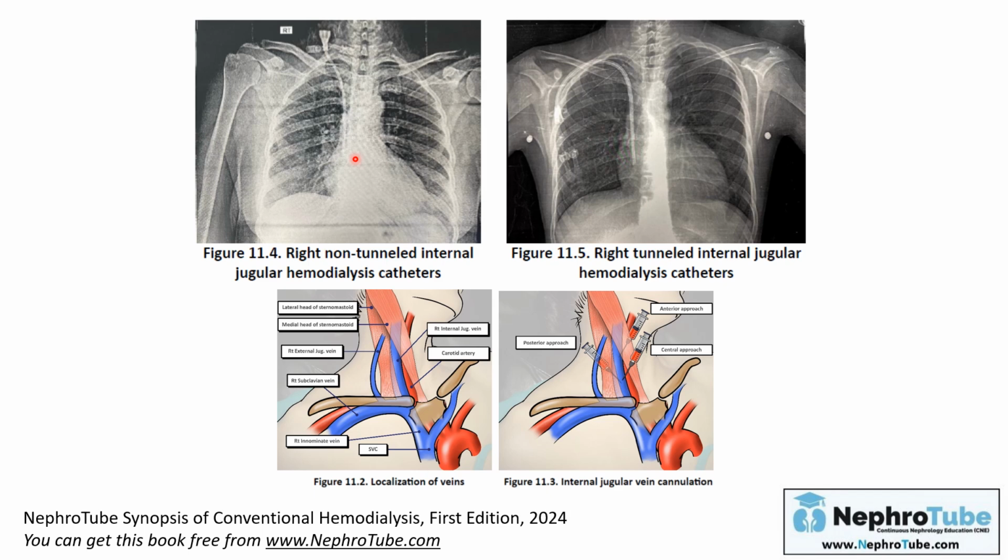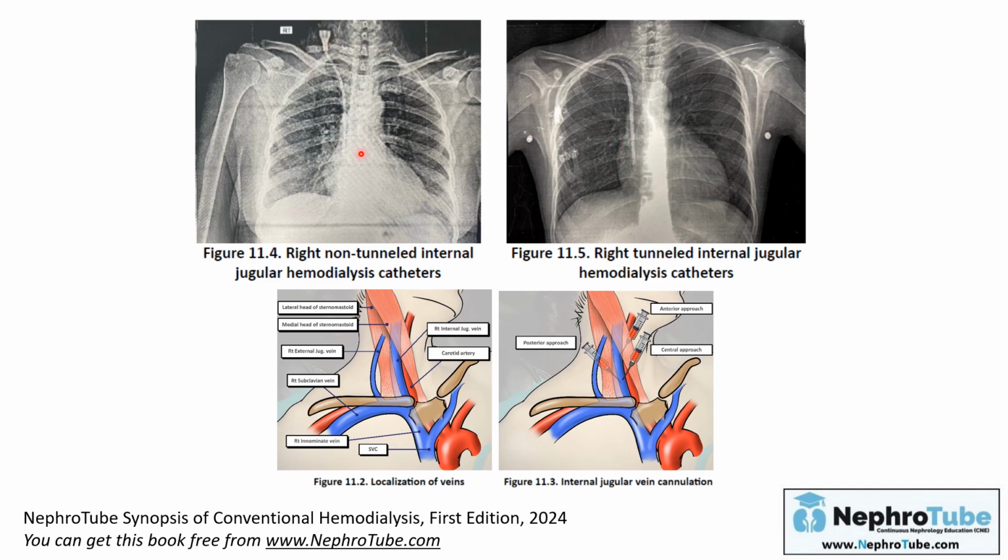We need in the tunneled catheter, whatever it is, internal jugular as in this photo or subclavian, the tip to be in the right atrium if the patient is in supine position, and for sure as the patient stands up, the catheter will retract about 2 to 4 centimeters up.